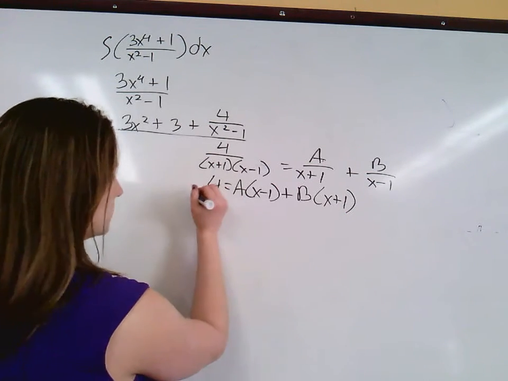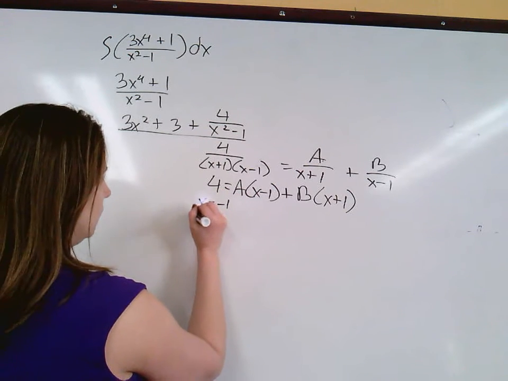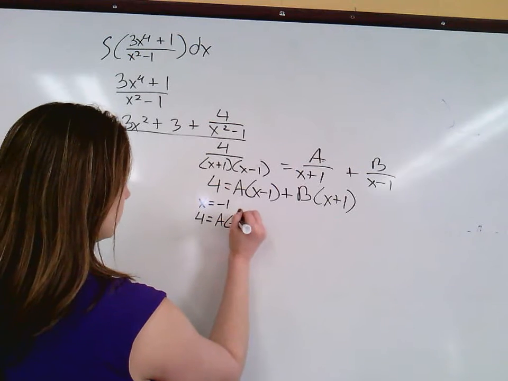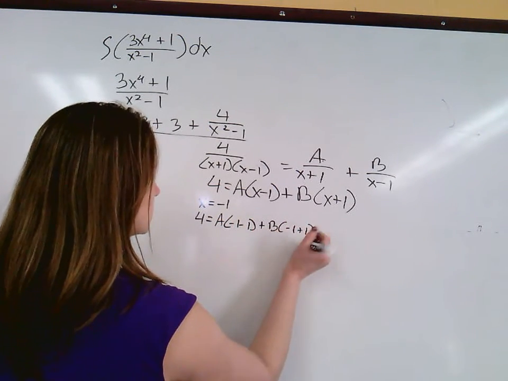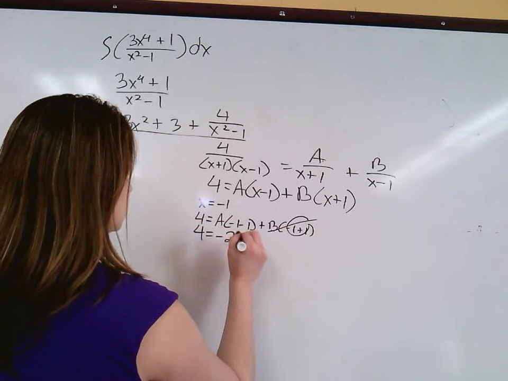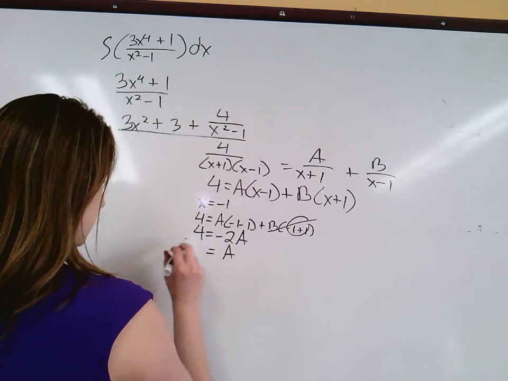So when x equals -1, you're going to get 4 equals A times -1 minus 1 plus B times -1 plus 1. Super, that's 0. That's what we want. So you get 4 equals -2A. A is going to equal -2.